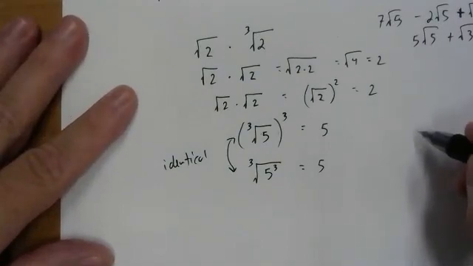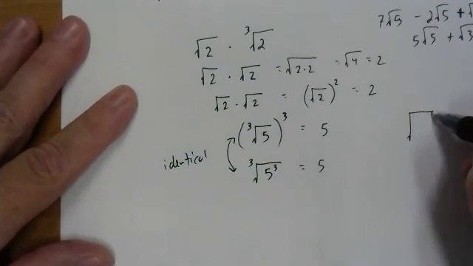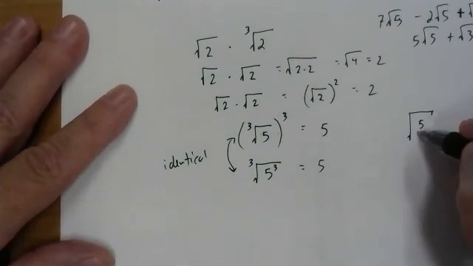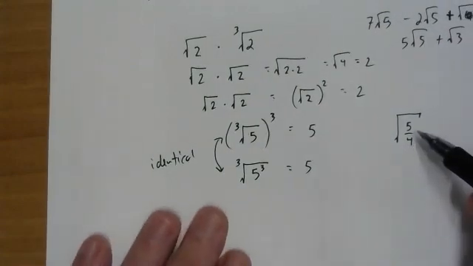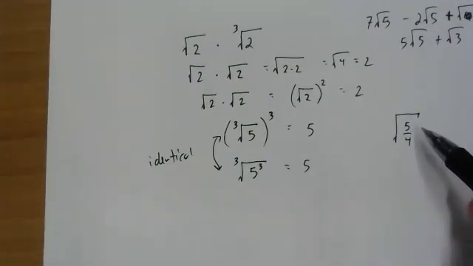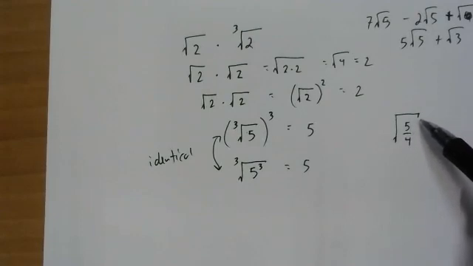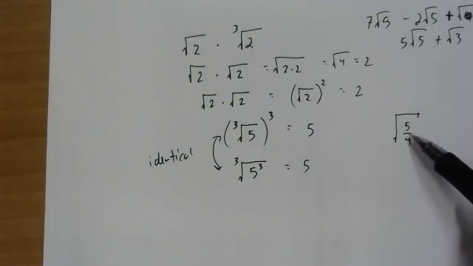How about square root of 5/4? Just so you know, in the world of math, we always have to simplify radicals. Normally in the world of math, they really don't want you to leave this as an answer. They don't like to leave fractions under radicals.